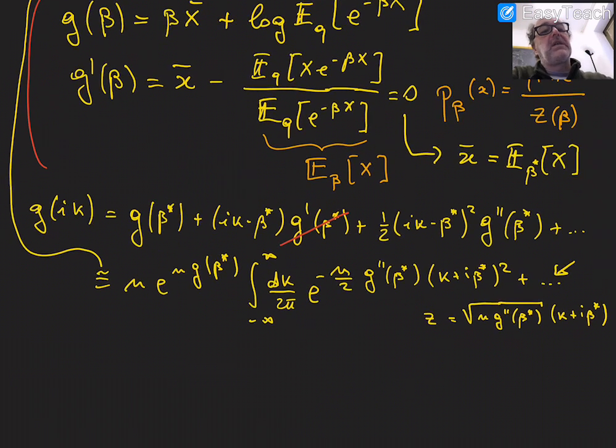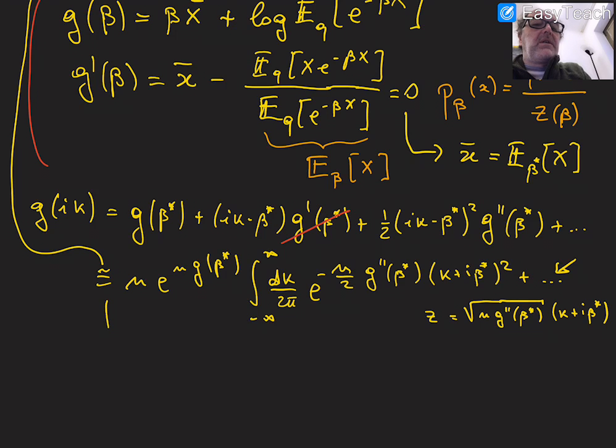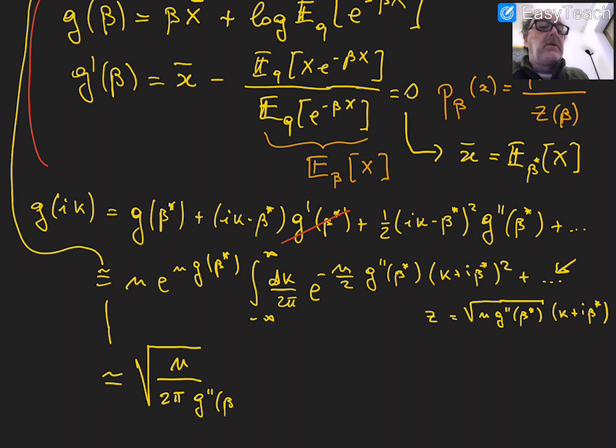So asymptotically I can estimate this integral as just the square root of n divided by 2 pi times the second derivative at beta star, times e to the g of beta star.